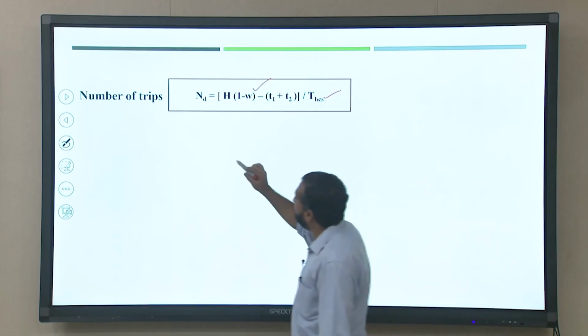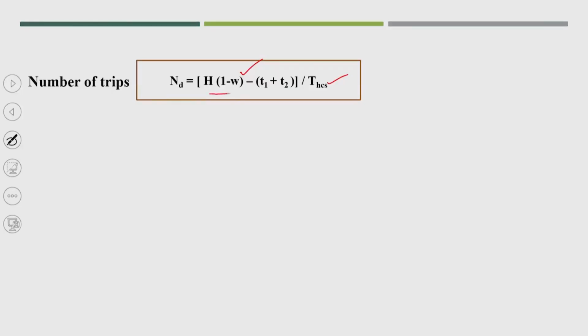Now, you see here the time available in a day we calculated: we minimize the off route time, that is HW. We minimize that W by 15%, whatever the value of W is given; if not given we will assume 15%.